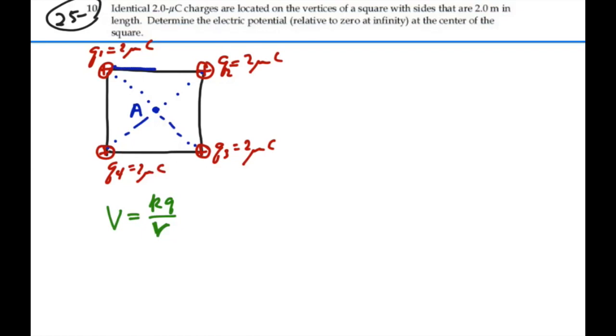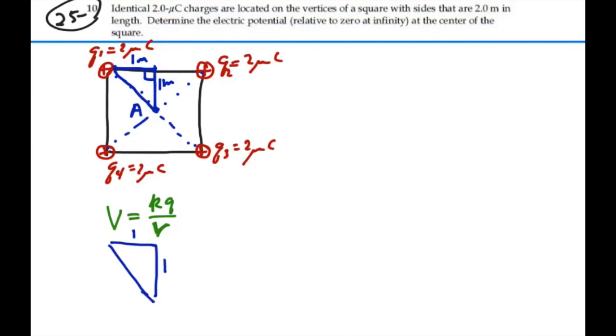So if I look at half of this distance, we're 2 meters on a side, so this distance here will be 1 meter, and this distance here will also be 1 meter. So the distance of our hypotenuse here of a right triangle is going to look something like this.